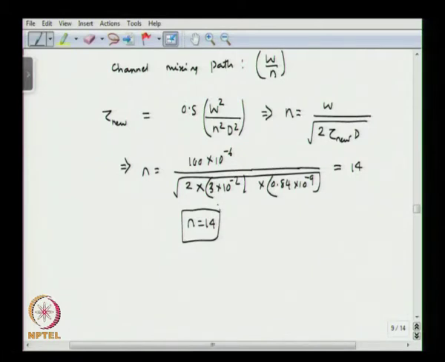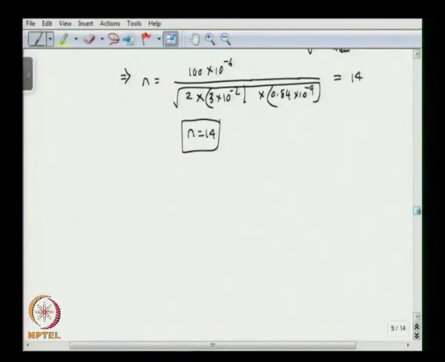So what it says is that if you can divide each stream into 14 different parallel lamination layers, we can limit the required length for the mixing to happen, we can reduce it by 200 times. Okay. So in that case the length reduces by 200 times.